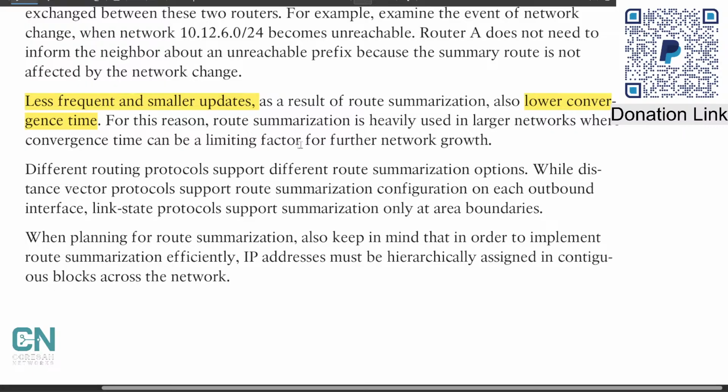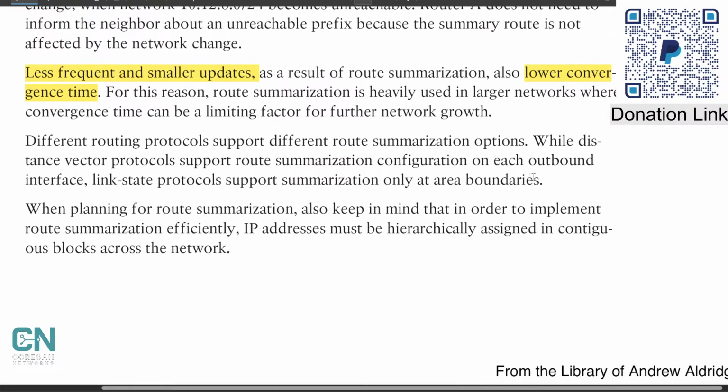Different routing protocols support different route summarization options. While distance vector protocols support route summarization configuration on each outbound interface, link state protocols support summarization only at the area boundaries.